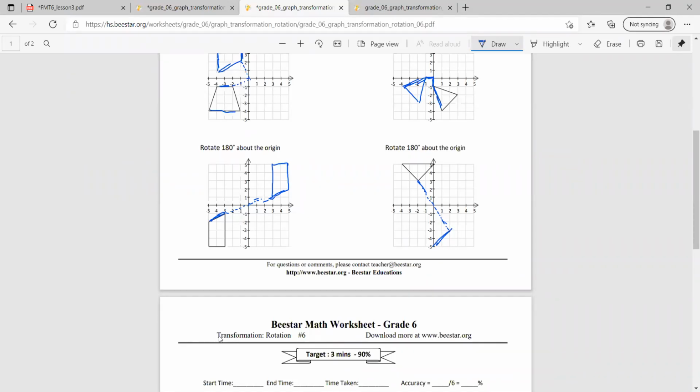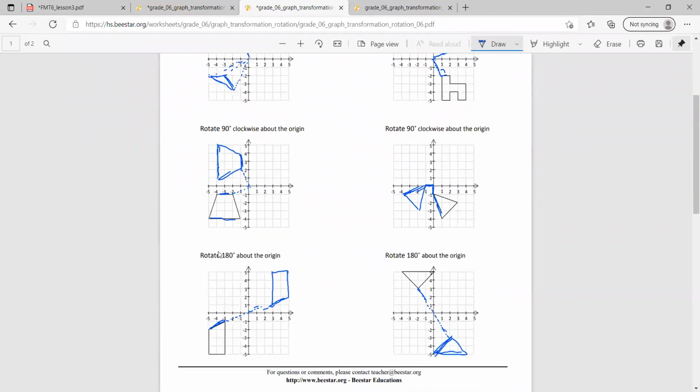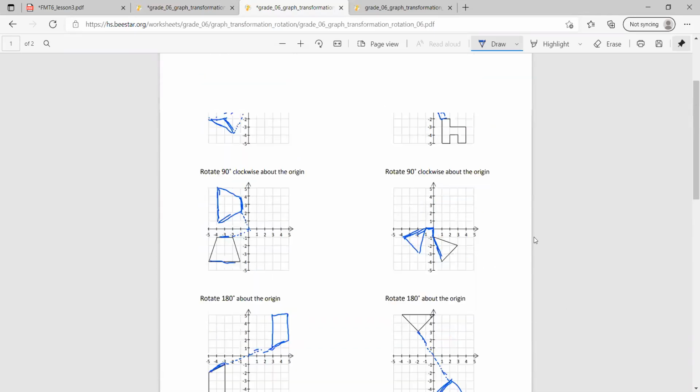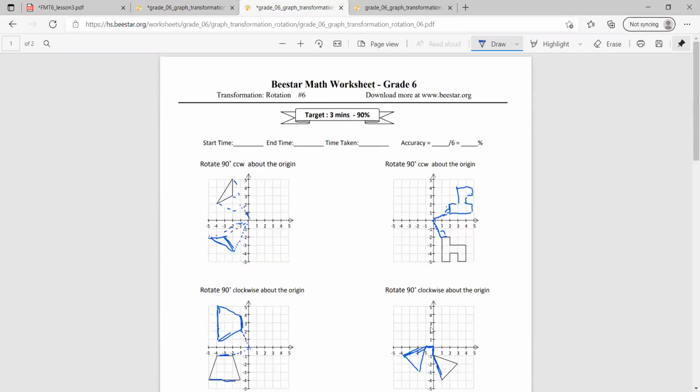So this line would come over here, and then this line would come over here, and then it would make this triangle. Does anyone have any questions about any of these?